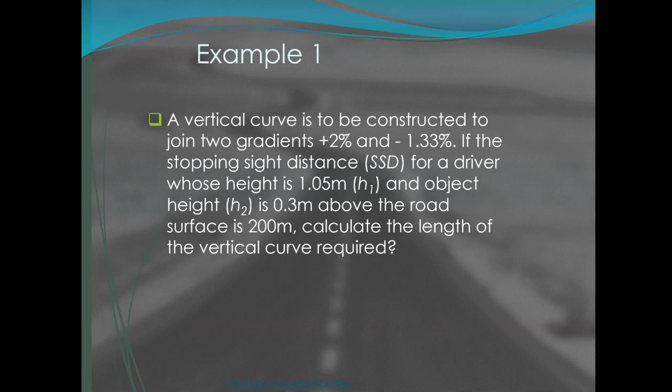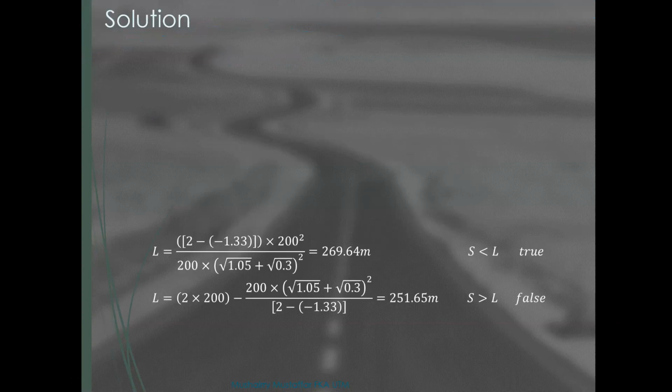Calculate the length of the vertical curve required. So you were told your gradients are plus 2 and minus 1.33, height of the driver's eye is 1.05, height of object is 0.3, and SSD required is 200 meters. So what is L? That's basically the question. We've got to solve that now.